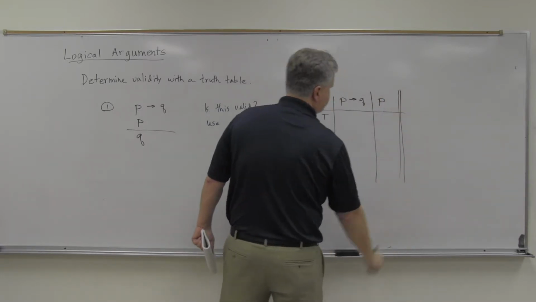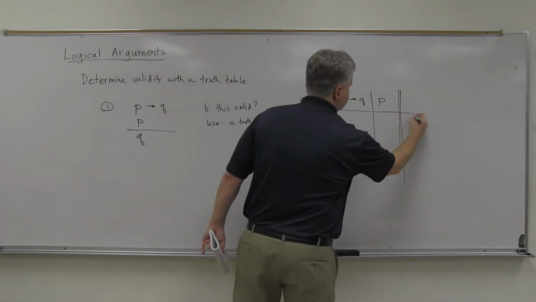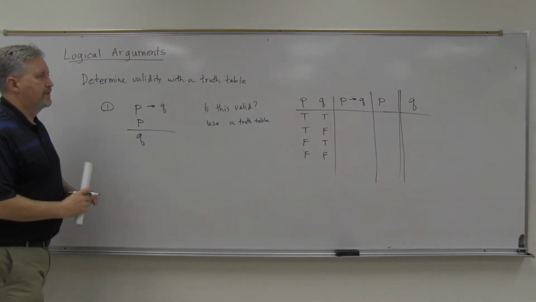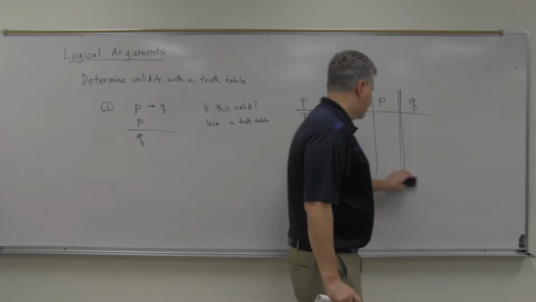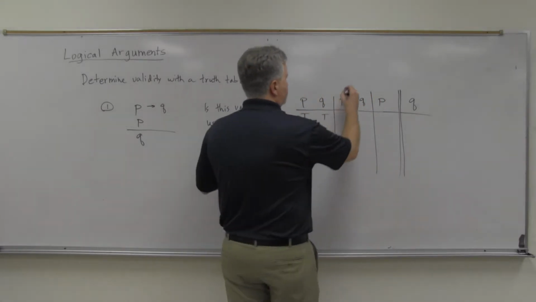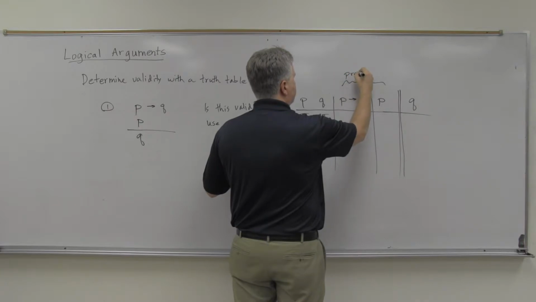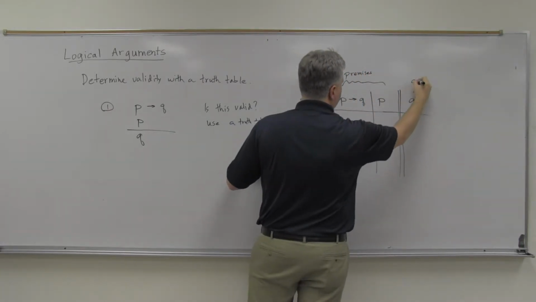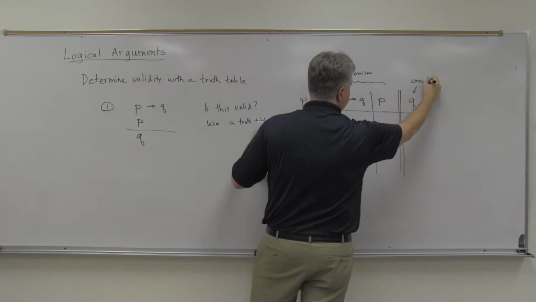And then let's kind of double line, because then we're going to do a third column for our conclusion. Okay? So you do a truth table for each premise and the conclusion, and you can do it in the same table here.